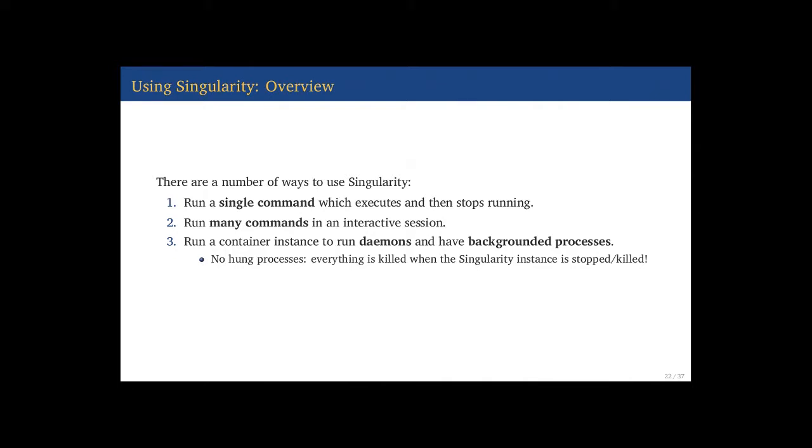You can access that program's process ID and deal with things. If you don't do that, if you run it the single command way, you can leave yourself in a position where the backgrounded process is still running and you have no way to get at it other than to kill the whole Singularity process.